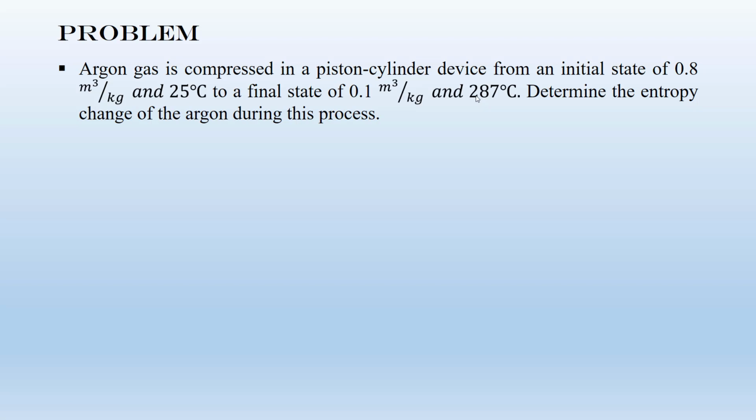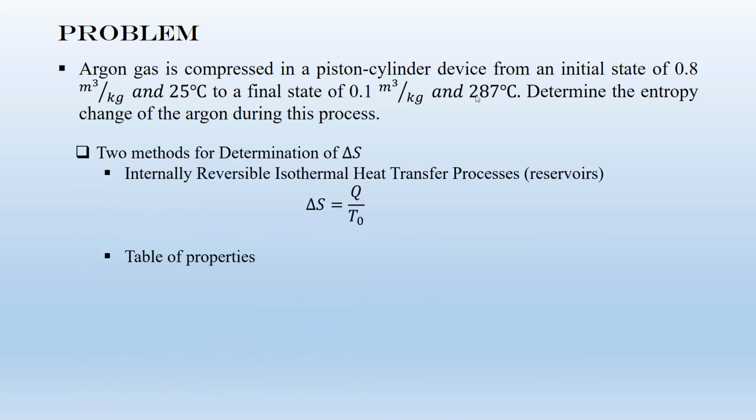You are asked to find the entropy change of the argon during this process. Please spend 2 minutes and try to find the delta S for this system. Keep in mind that you already learned two methods to calculate delta S: for the reservoir, and if you have the table of properties. Pause this video and find the delta S.